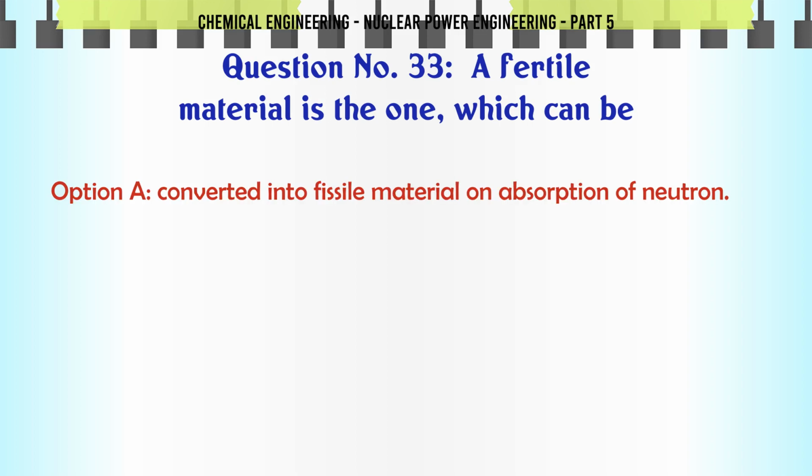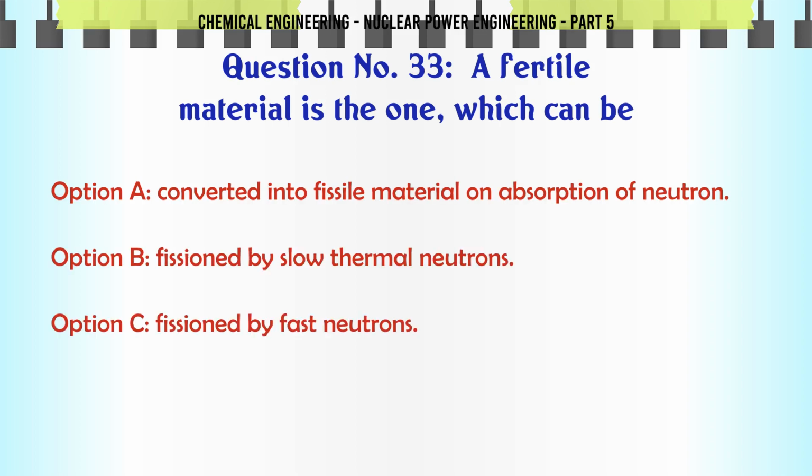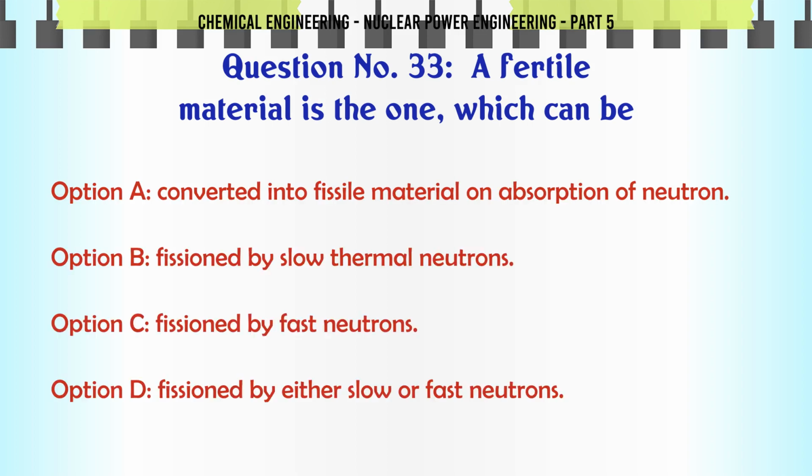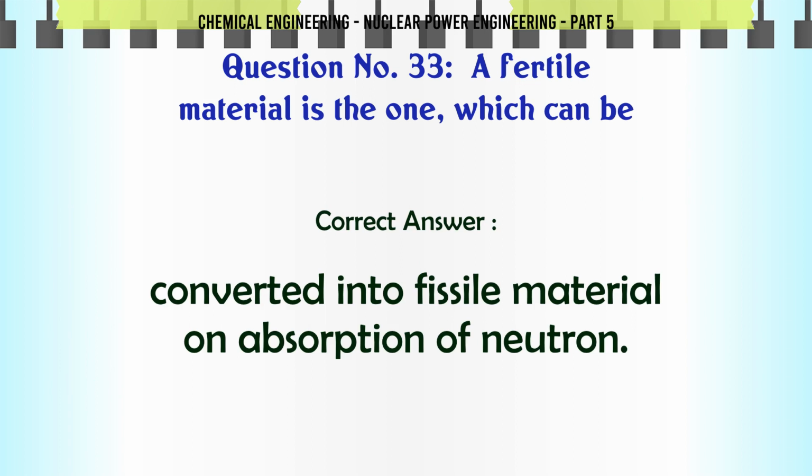A fertile material is the one which can be A. converted into fissile material on absorption of neutron, B. fissioned by slow thermal neutrons, C. fissioned by fast neutrons, D. fissioned by either slow or fast neutrons. The correct answer is converted into fissile material on absorption of neutron.